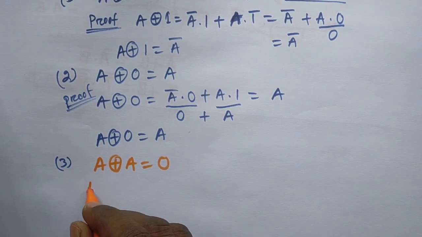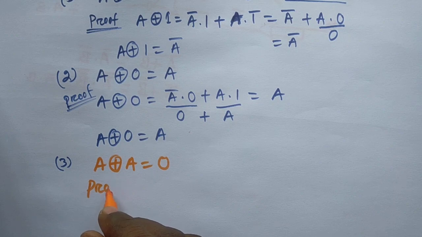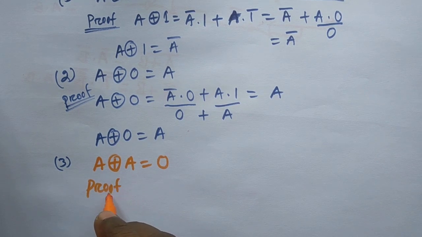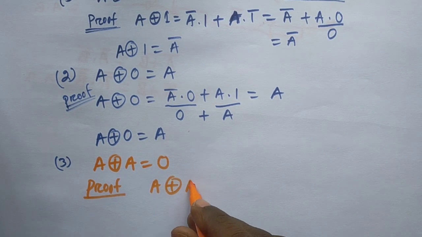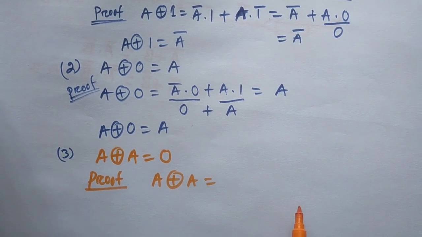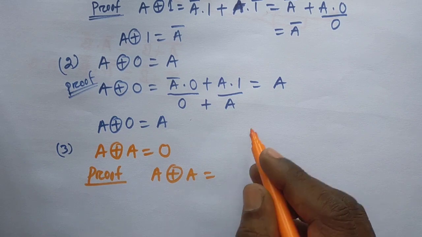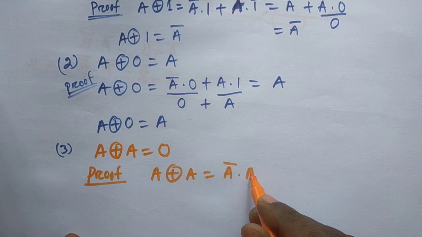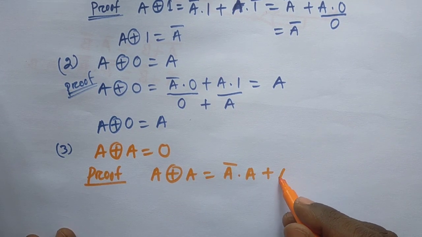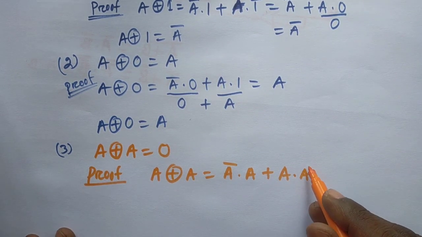Okay. Now you see, a XOR with a. In a very simple way, a complement times b plus a times b complement, where b is a, so a complement into a plus a into a complement.